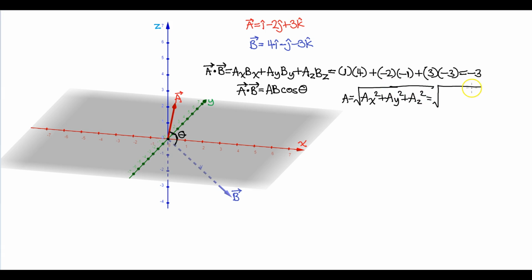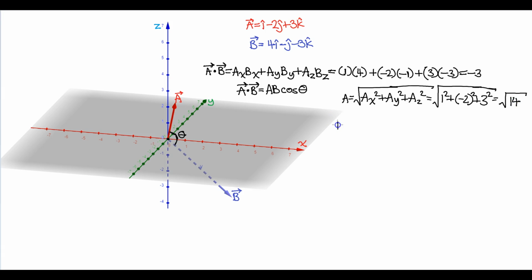Substituting everything in, we get 1 squared plus negative 2 squared plus 3 squared. We get 1 plus 4 plus 9, which is 14. So the magnitude of vector A is the square root of 14.